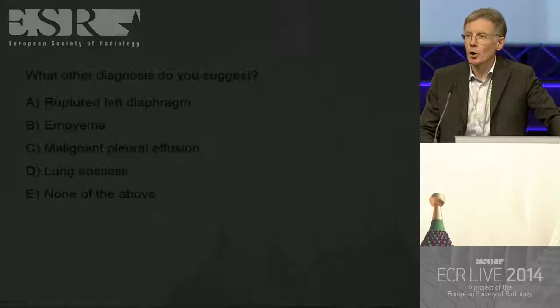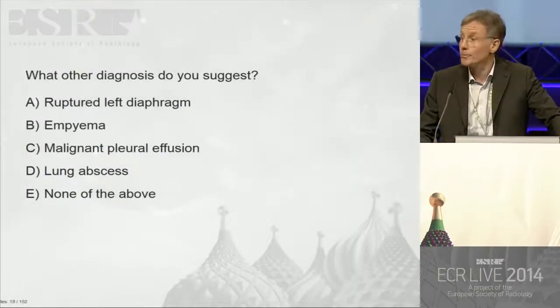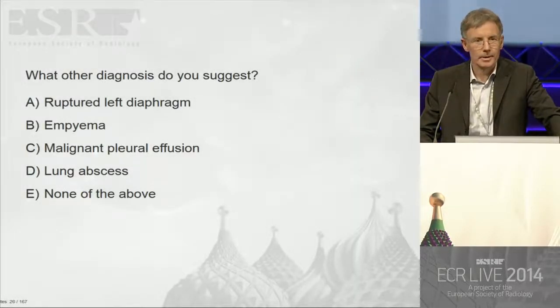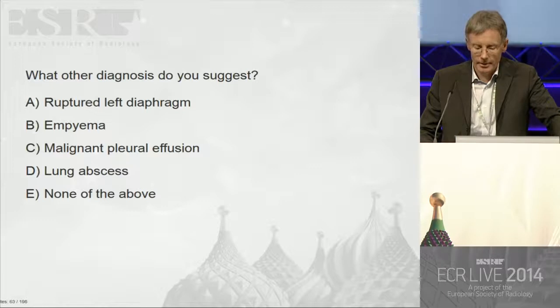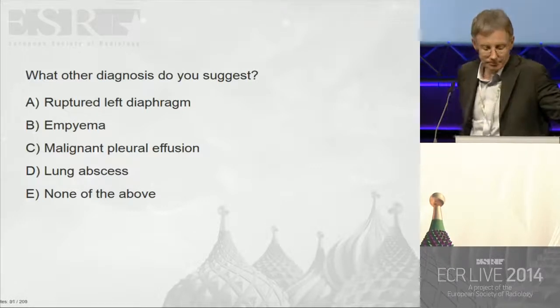So I've talked about cognitive errors this afternoon. Please vote now. This is a perceptual error in that this abnormality was obviously seen, but not correctly interpreted because the information was lacking. So please vote now.